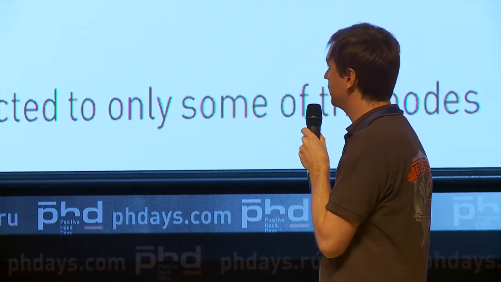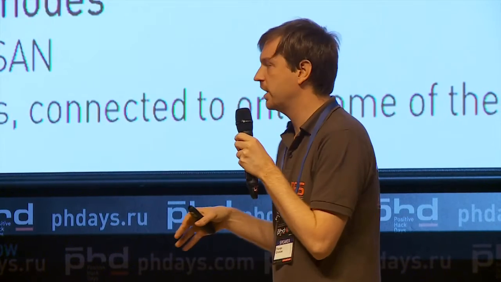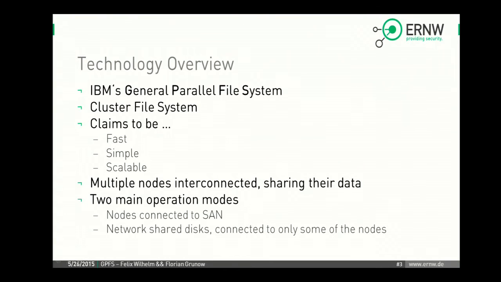We have no idea if it's really fast, simple, and scalable. It basically works like multiple nodes that get interconnected to each other, and you have two main operation modes. One is the SAN mode, which means that the nodes are connected to a SAN, and the other one is network shared disks, meaning you have a disk on one of the nodes, and you can share this data that is on the disk throughout the whole cluster.